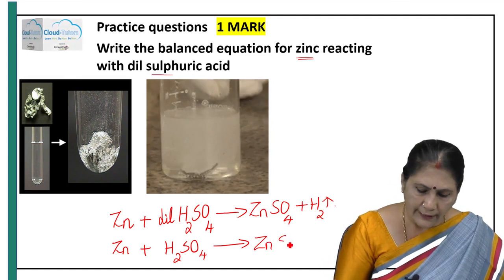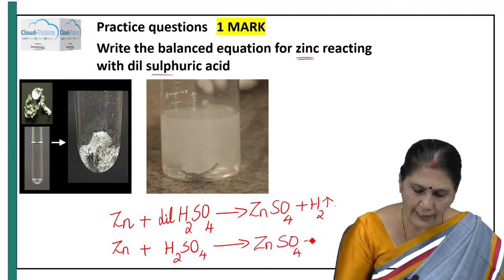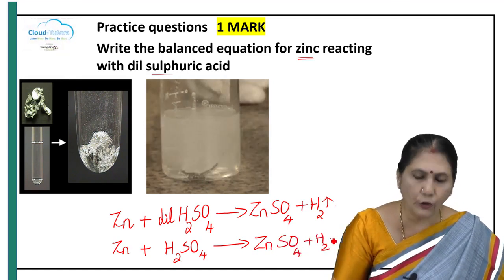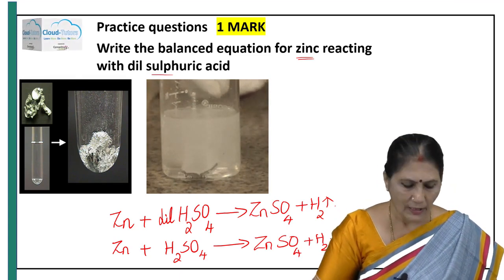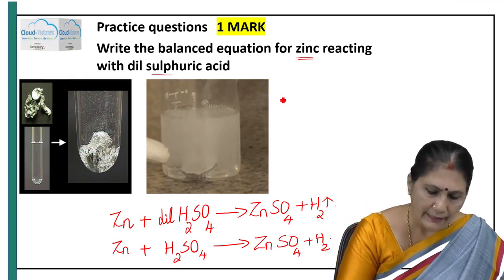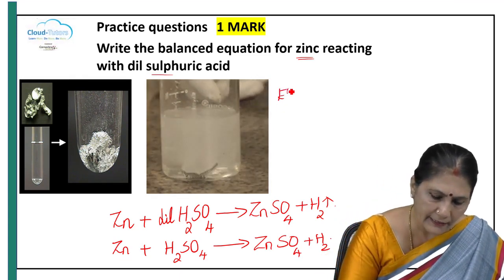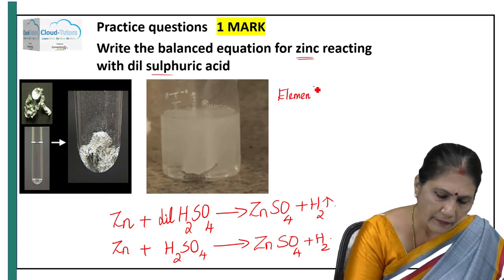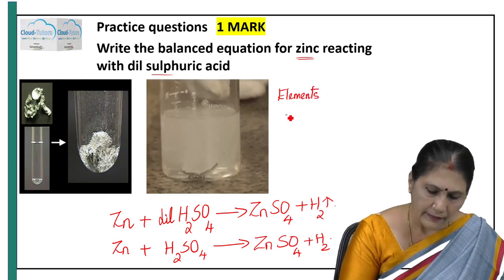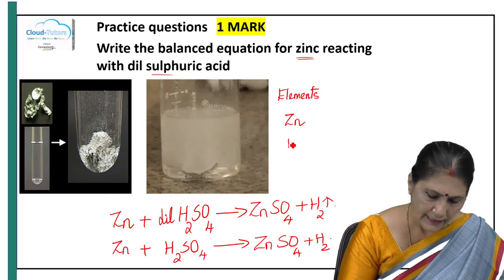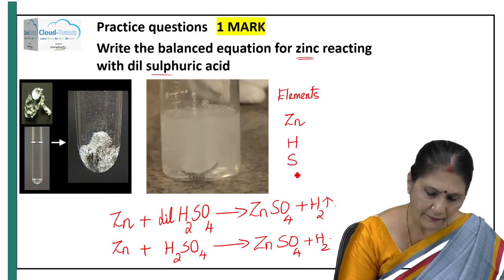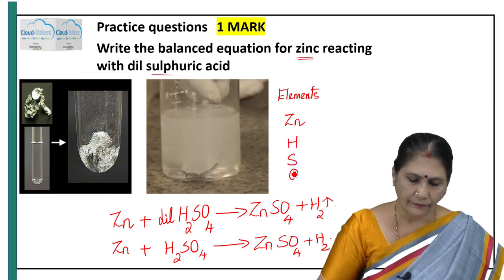Now, this equation has to be balanced in order to fetch you 1 mark. Now, the number of atoms, let me write here. Elements: zinc, hydrogen, sulfur, oxygen.